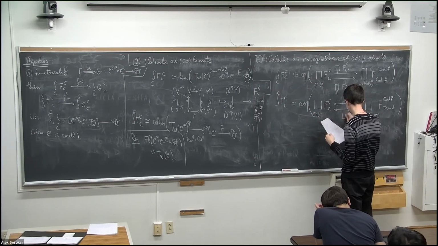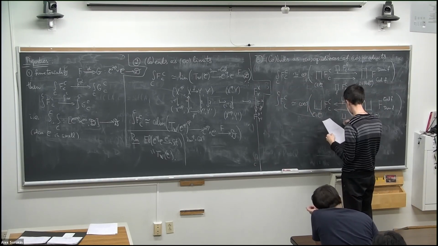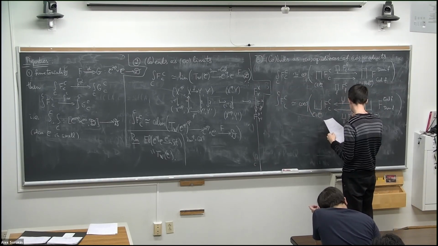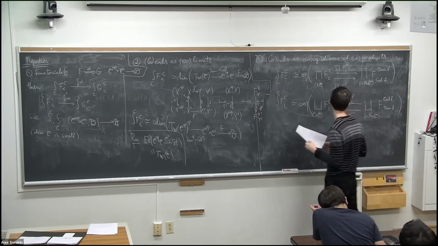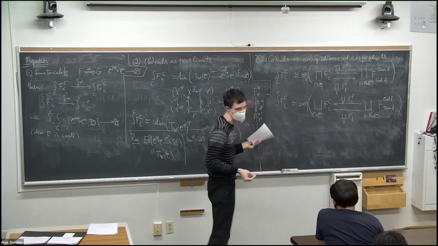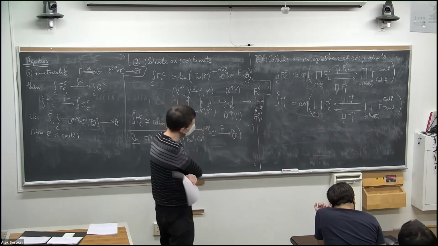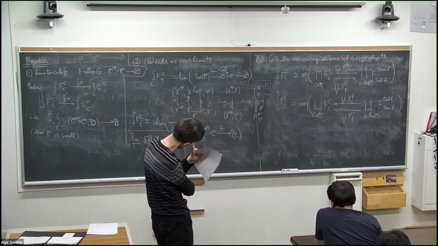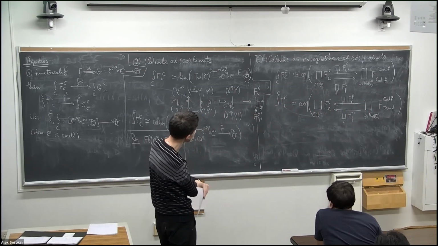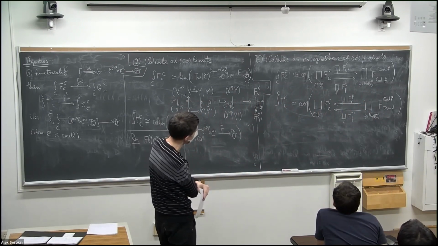Here is the co-product over F, where again F is from C to C prime.